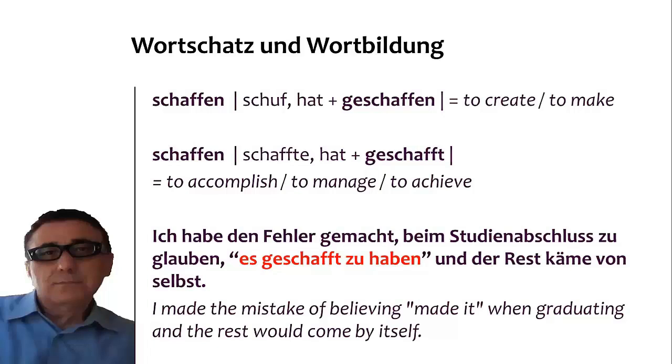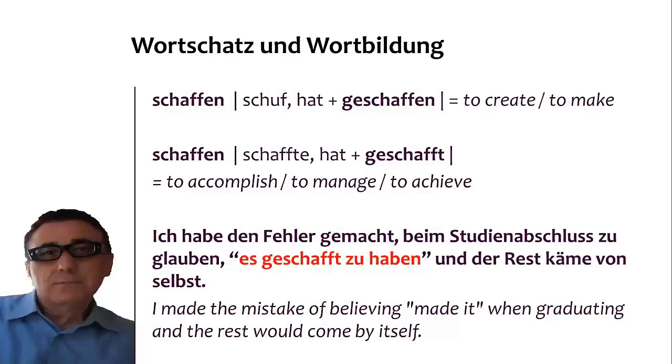If you conjugate it schaffen, schuf, hat geschaffen, then it means to create, to make. If you conjugate, however, like schaffen, schaffte, hat geschafft, then it means to accomplish, to manage, or to achieve.